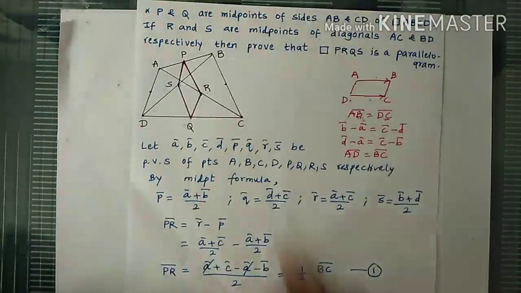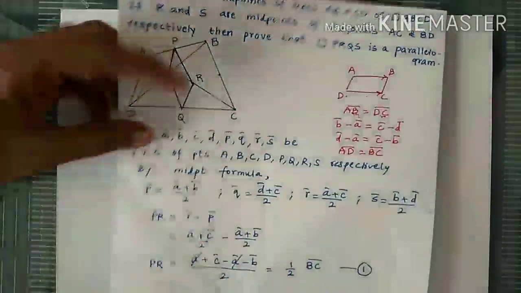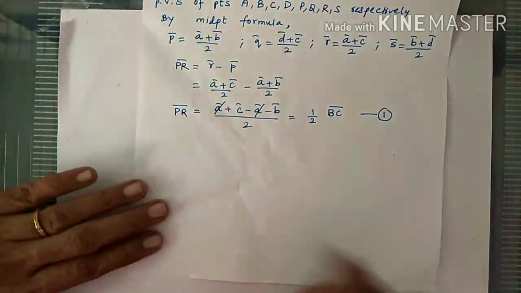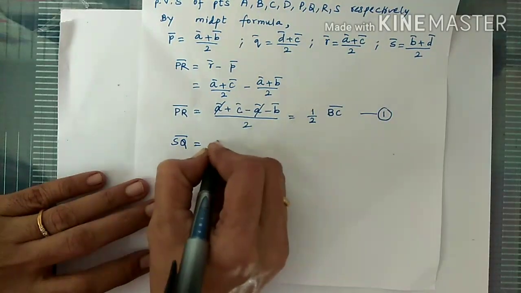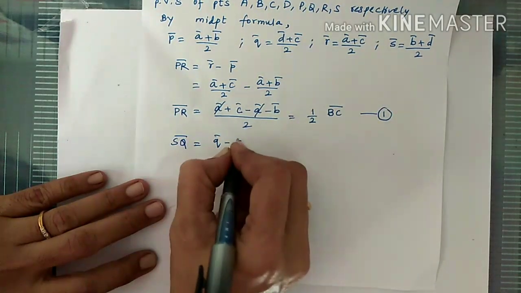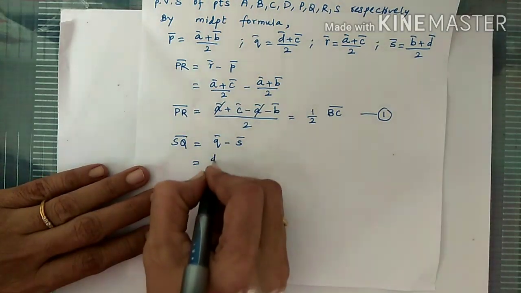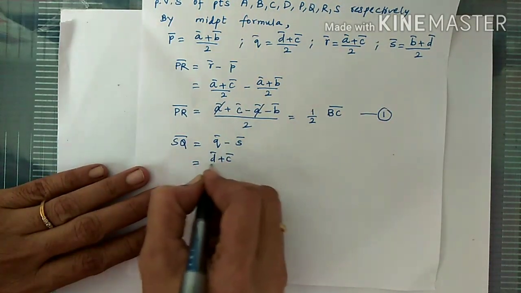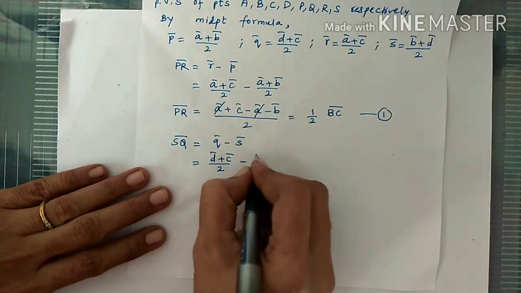Now we have PR bar. So next one is we have to find SQ bar and we have to prove both are equal. So SQ bar equal to Q bar minus S bar. Now Q bar is D bar plus C bar upon 2. D bar plus C bar upon 2 minus S bar, which is B bar plus D bar upon 2.